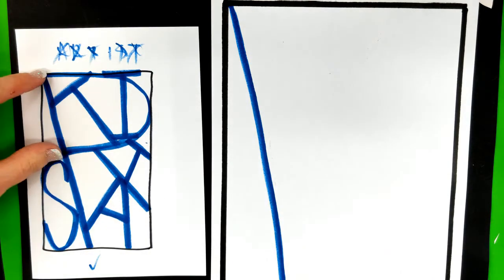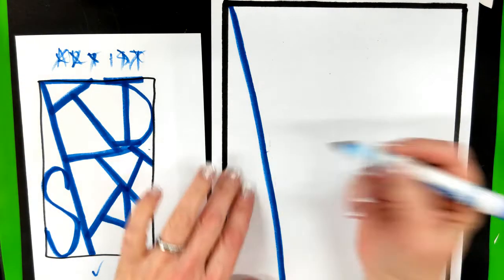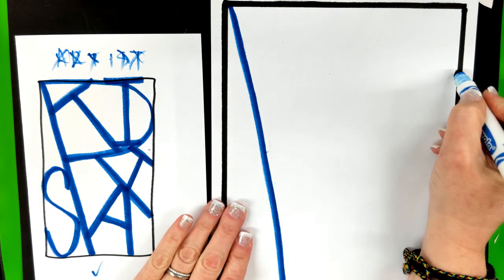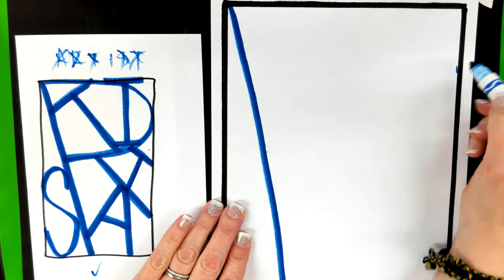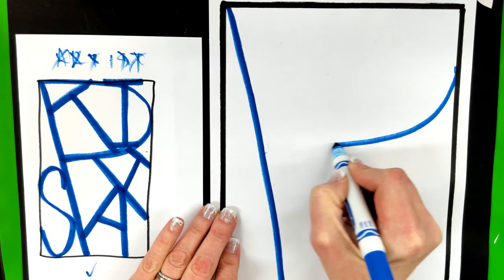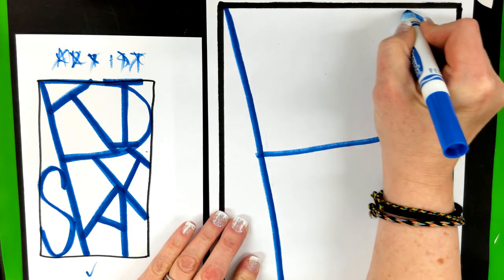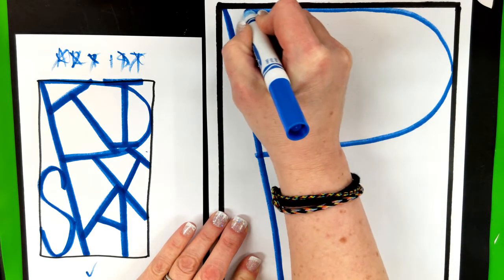I want a little more leg than I do the upper half. So I'm going to put a mark right there where I want to connect. I'm going to start on that black line, bring it around, and then take it up like that.